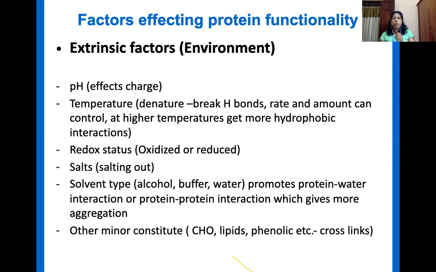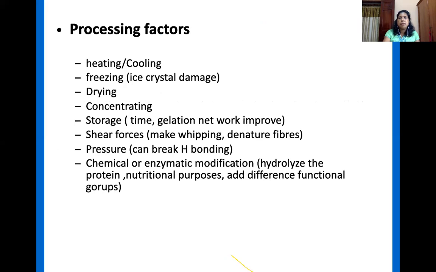Most of the amino acids, when you check the molecule, can be linked with each other, right? Accordingly, these environmental factors also change protein functionality. Processing factors: heating, cooling, freezing, drying, concentrating, storage, shear forces, pressure, and chemical and enzymatic modification can also change the situation.